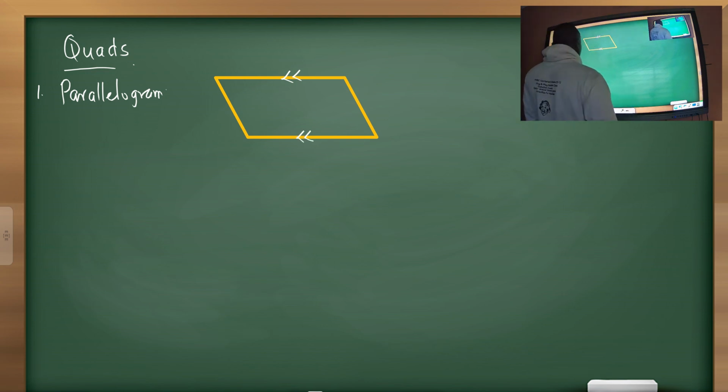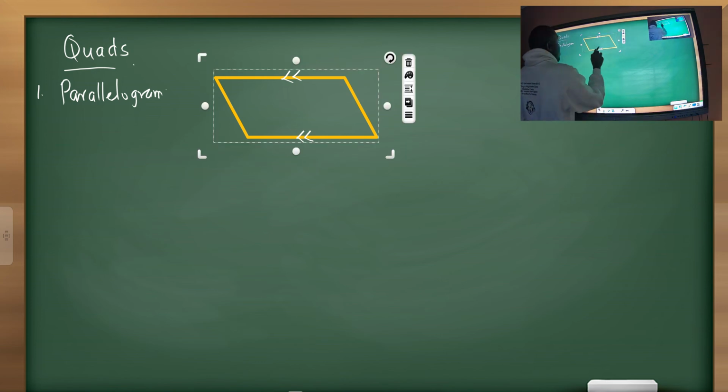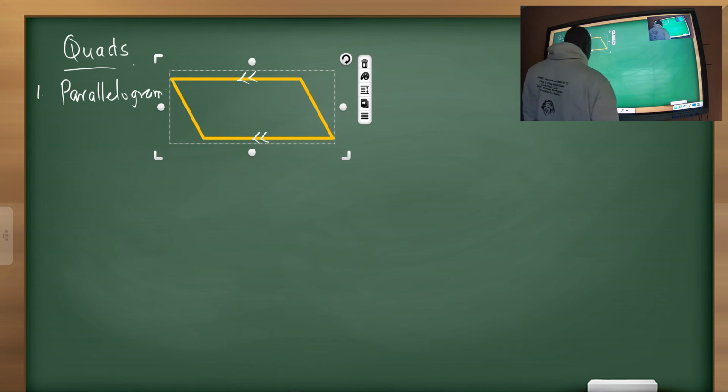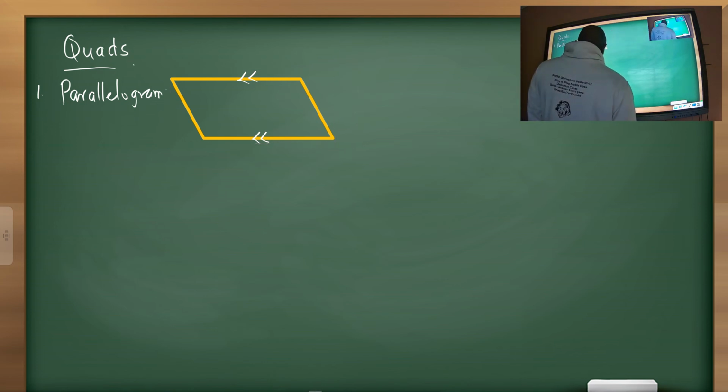I'm just going to make it concise and very brief here. So number 1 is a parallelogram. Opposite angles are equal. So if I do that, you should know now that opposite angles are equal. All right.